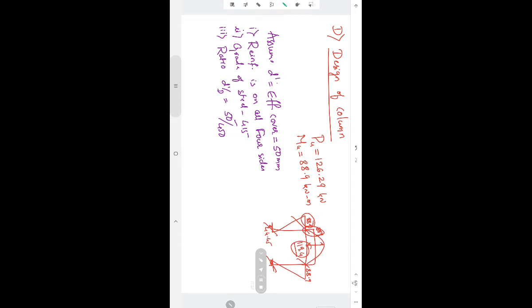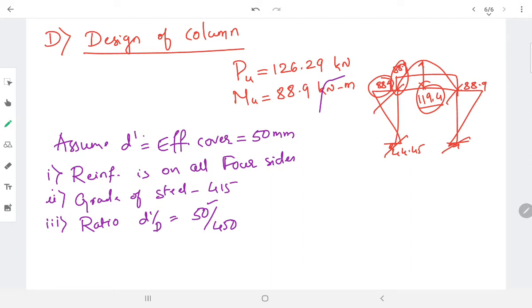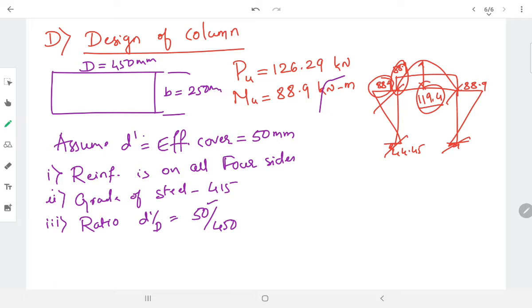So I'll just draw this. I'll draw the column dimensions we have considered. This is depth of the column, that is 450 mm, and this is width of the column, we have considered it as 250 mm. So here minimum 4 bars will come, and effective depth is this, from center of this to this is taken as D dash. So this D dash is taken as 50 mm.